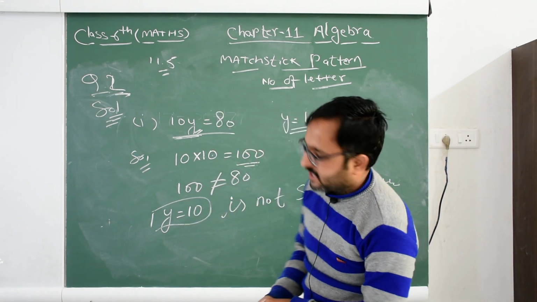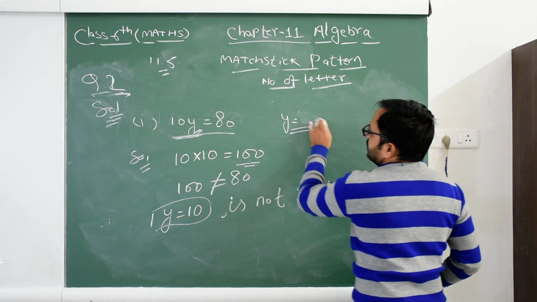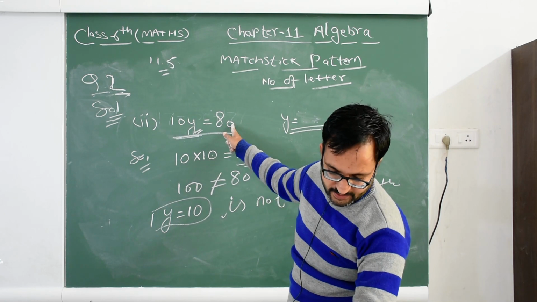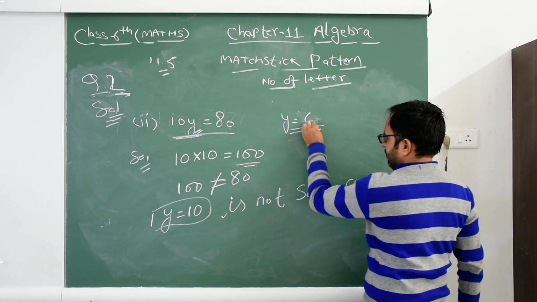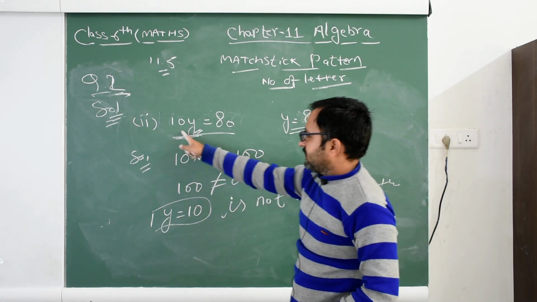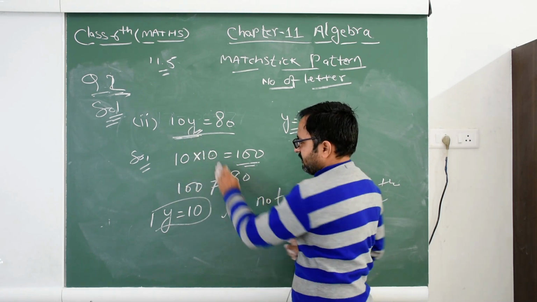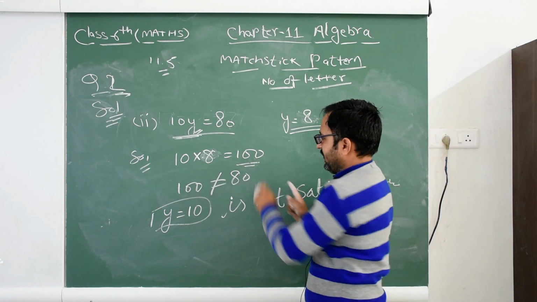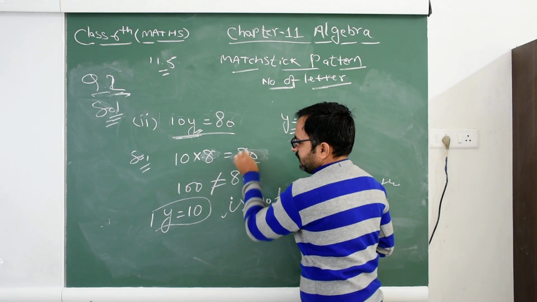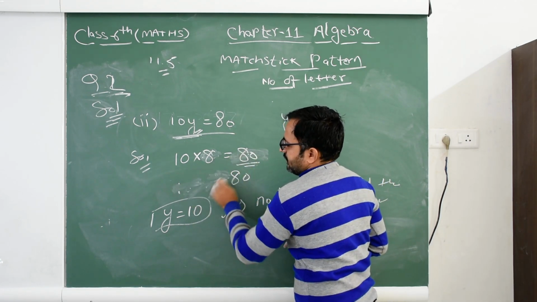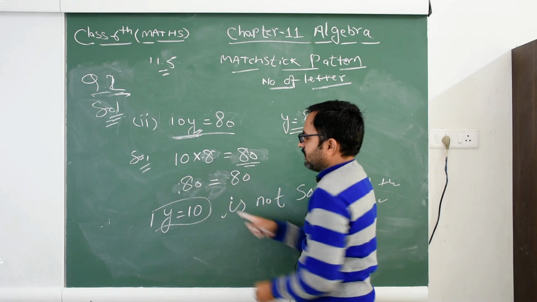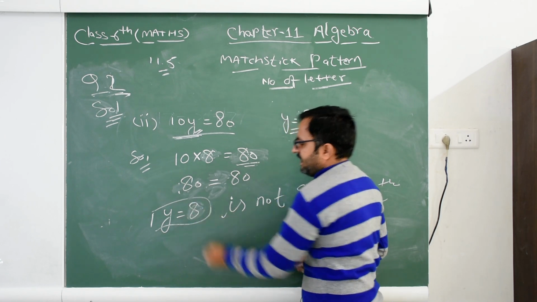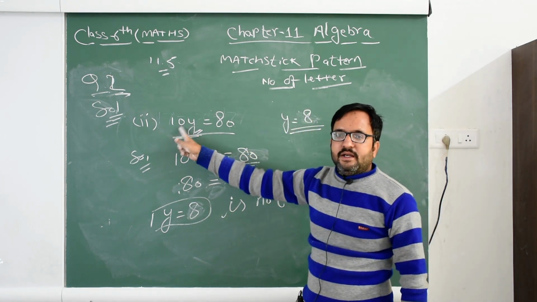Now the second part, 10y equal to 80, and the value is y equal to 8. So 10 into y, the value of y is 8, 10 into 8 is 80. In this case LHS equal to RHS, so y equal to 8 satisfies the equation.